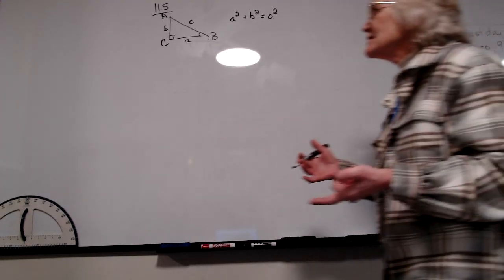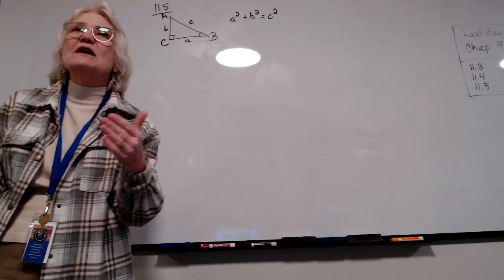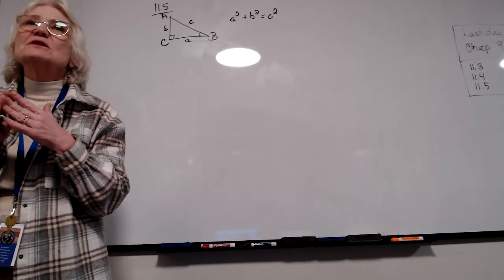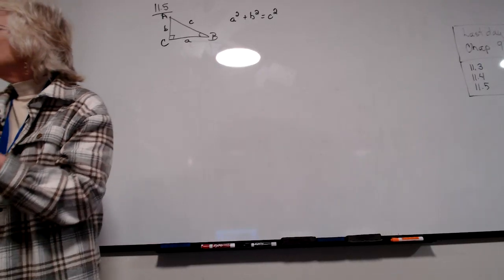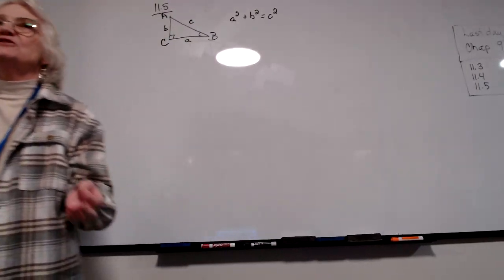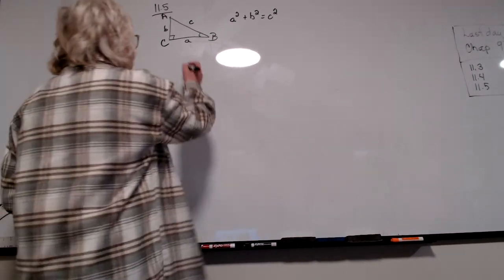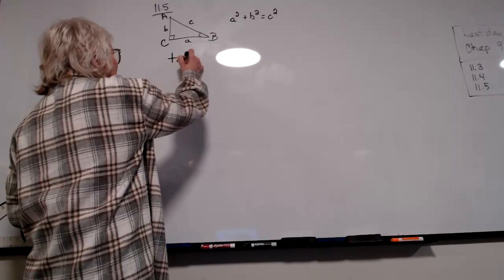The next things that we talk about are these ratios. Because right triangles with similar angles are all similar, then we know that there are constant ratios and they're given specific names. Yesterday we talked about the tangent.